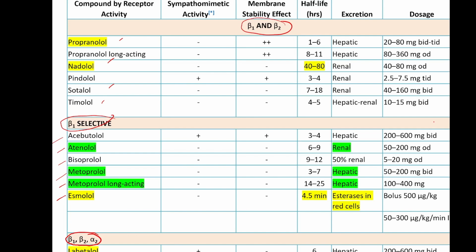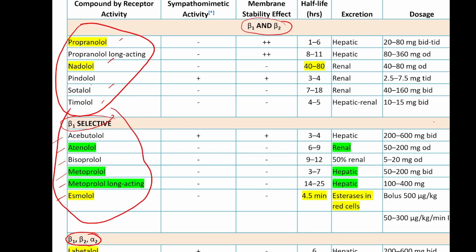This table shows us a group of medications that are non-selective, blocking beta 1 and beta 2: propranolol, nadolol, pindolol, sotalol. Then another group considered selective beta 1: atenolol, metoprolol, long-acting esmolol.